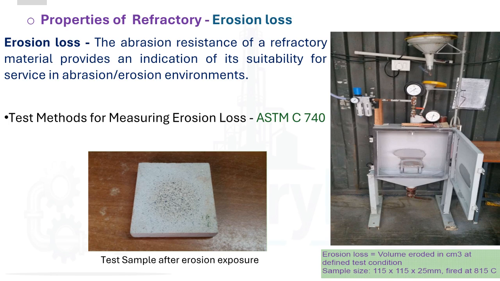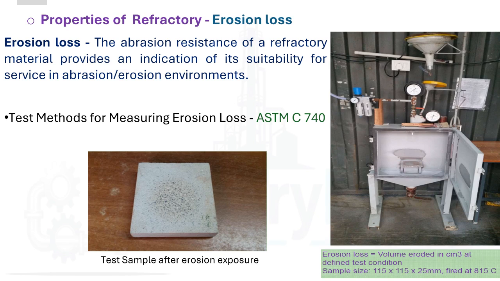The test sample itself measures 115 by 115 by 25 millimeters. Before testing, the samples are fired at 815 degrees Celsius to replicate their service condition. During the test, the volume of material abraded away, measured in cubic centimeters, is recorded as the erosion loss.